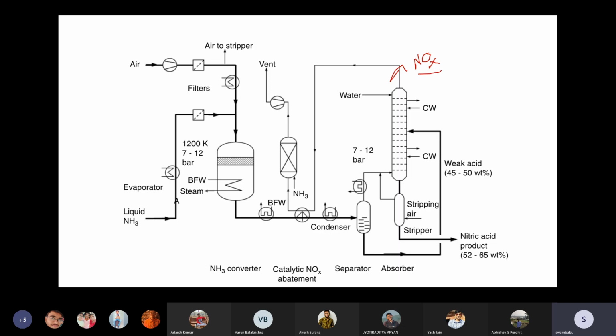I'm putting the general form NOx because it could be NO or NO2 or any other form of nitrogen oxide that is formed during the process overall. So instead of leaving into the atmosphere, it enters the catalytic converter. This is the catalytic NOx converter.